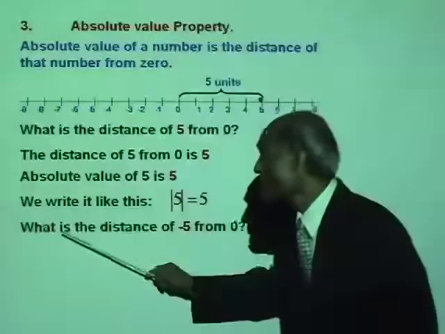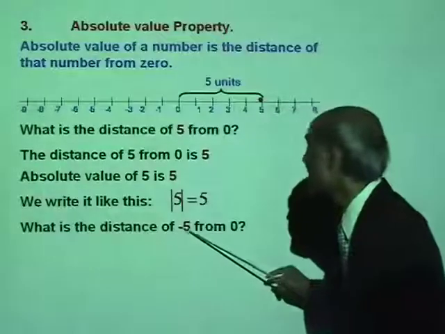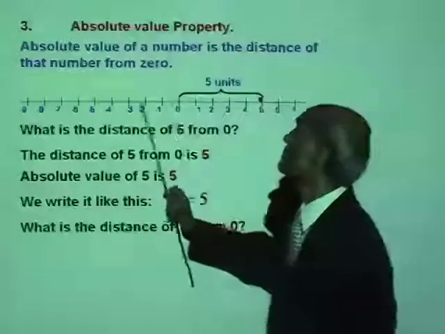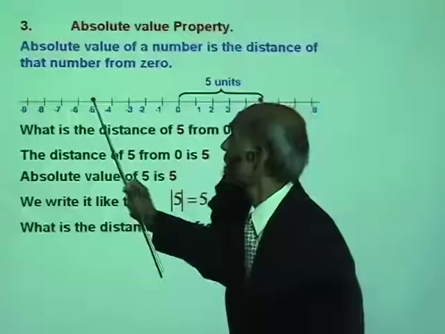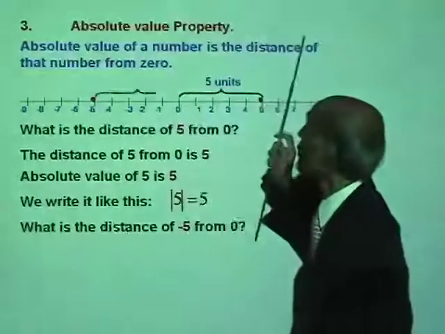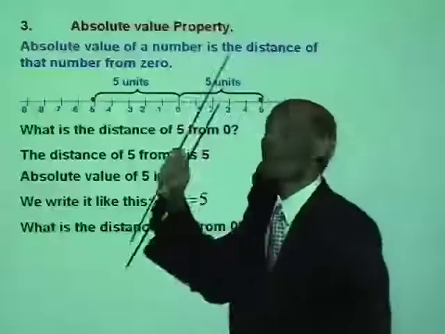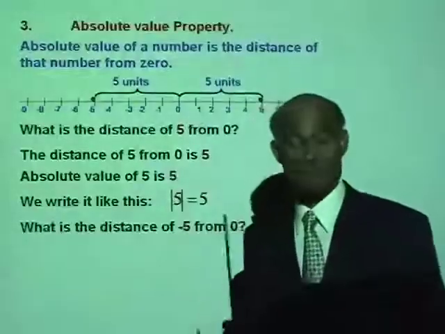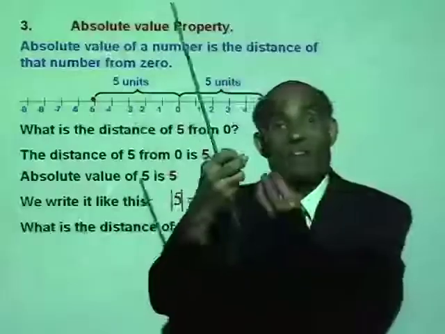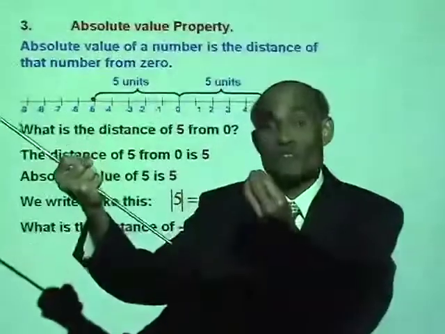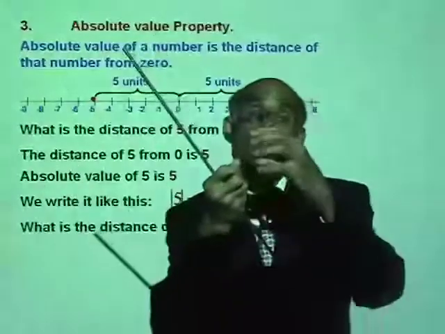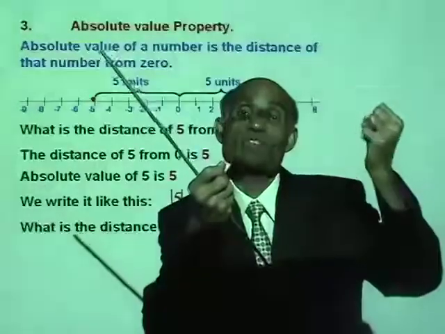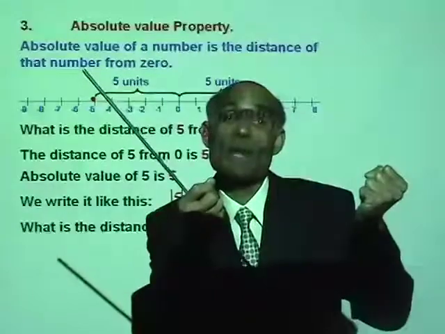Okay, now tell me, what is the distance of negative 5 from 0? The distance of negative 5 from 0 is also 5 units. You see? Number 5 is 5 units away from 0 on the right. Negative 5 is 5 units away from 0 on the left.